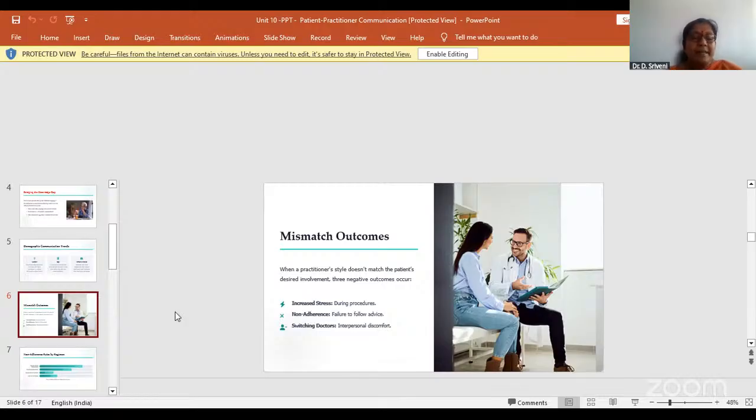It has been found that patients who take an active role in their treatment tend to recover faster and adjust better during their recovery period compared to those who prefer a passive, inactive role. Therefore, the practitioner's ability to foster an environment where the patient feels heard and involved is a crucial component of the healing process.